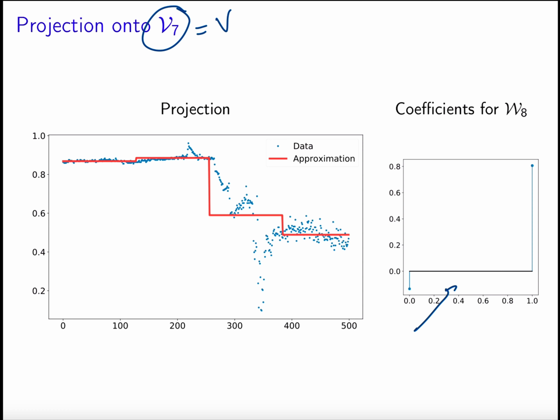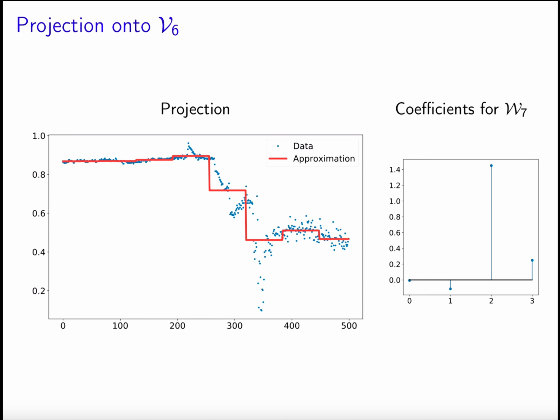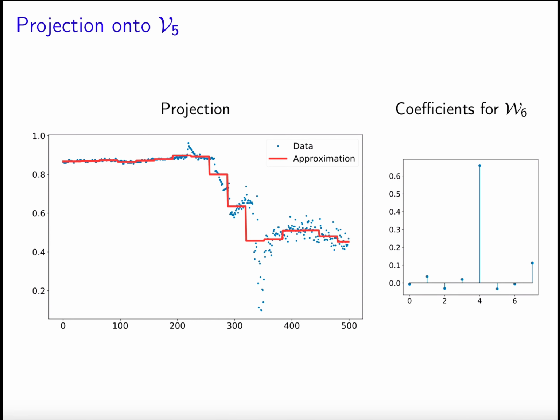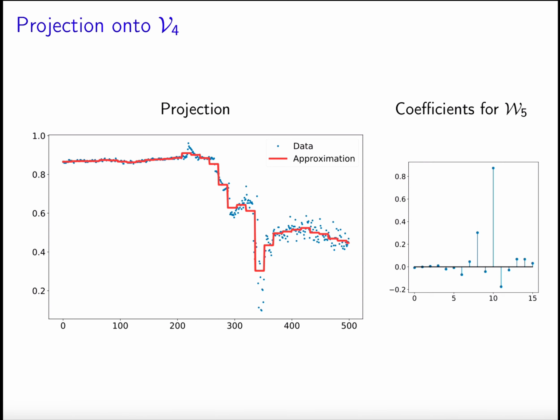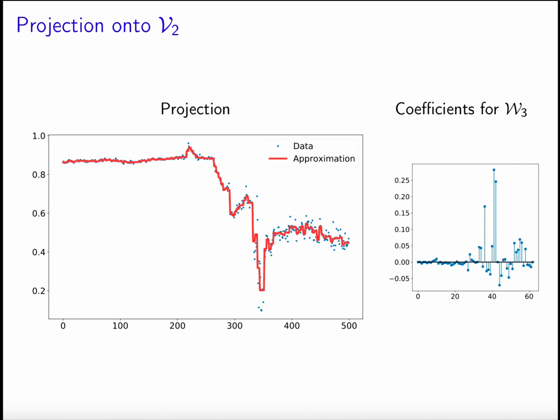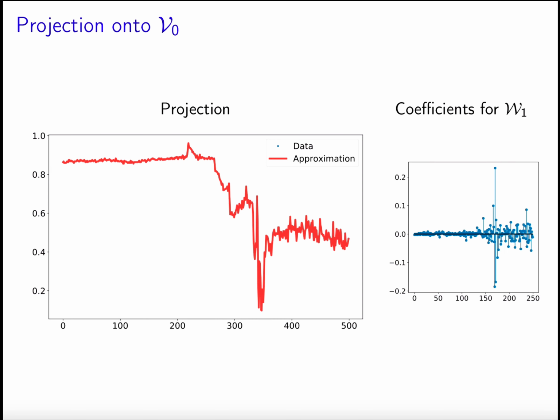Okay, just to be clear, this is V9 plus W9 plus W8. Okay, and that's how we incorporate more and more coefficients to project onto these subspaces that have finer and finer scale, and eventually we end up covering the whole space when we reach the finest resolution.